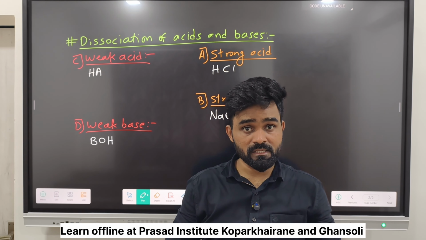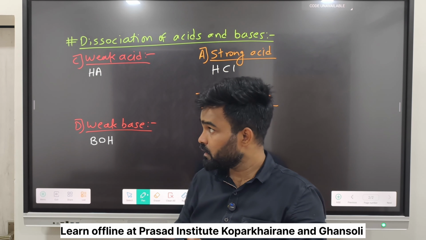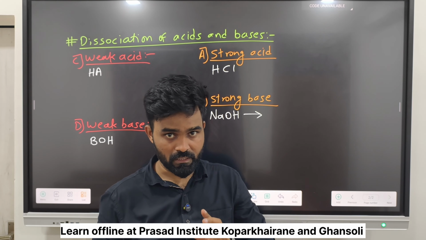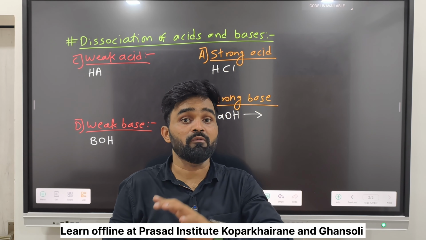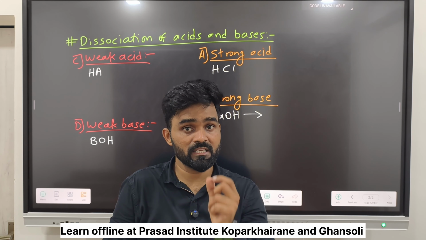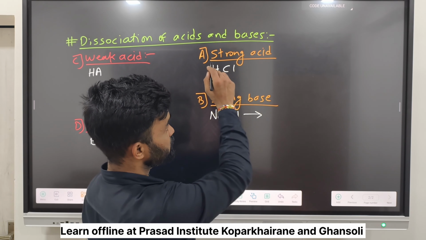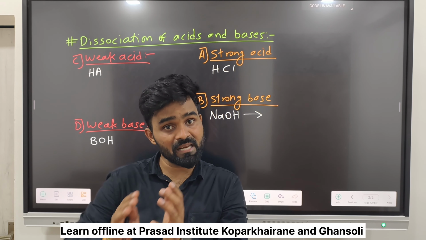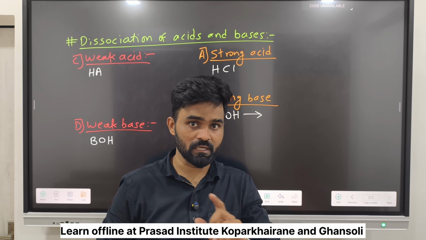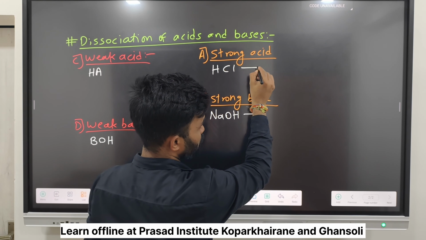Now the next is dissociation of acids and bases. Remember, strong acids ionize completely. We have discussed this before. Strong acids, strong electrolytes, ionize completely, and weak acids, that is weak electrolytes, ionize partially to a small extent. For example, HCl is a strong electrolyte.